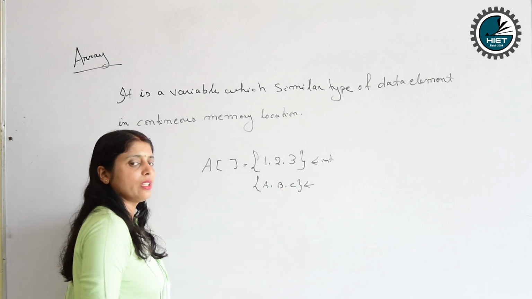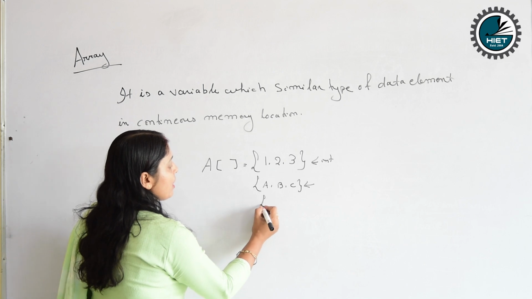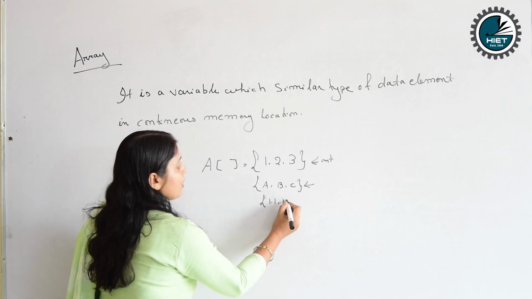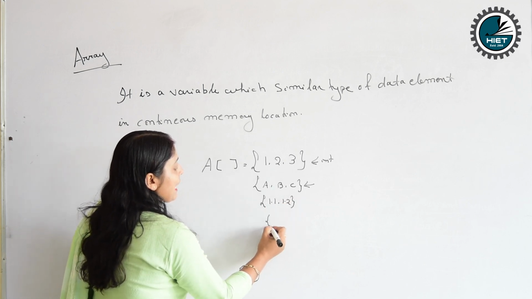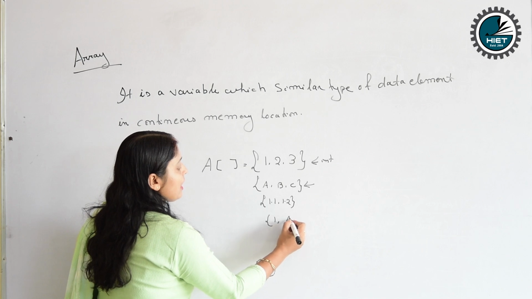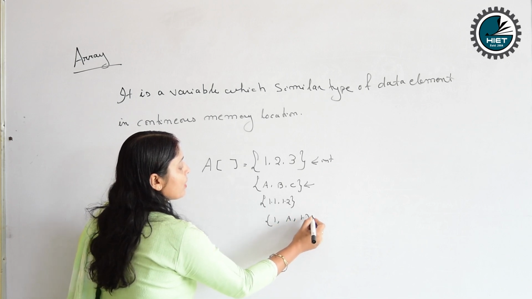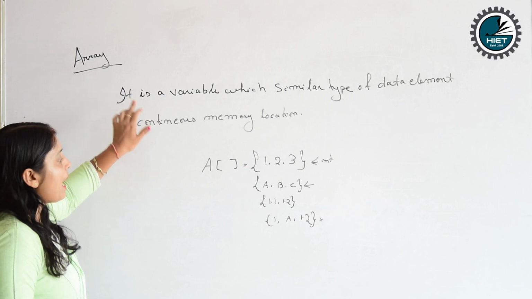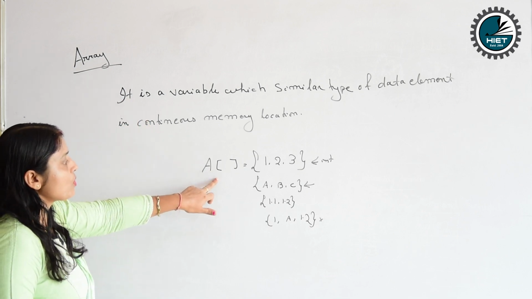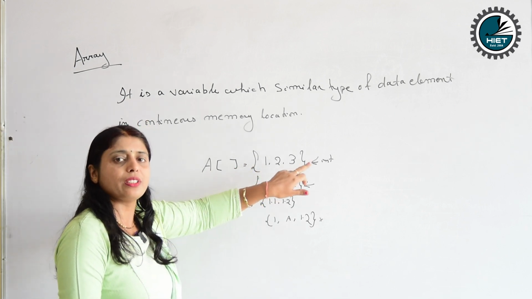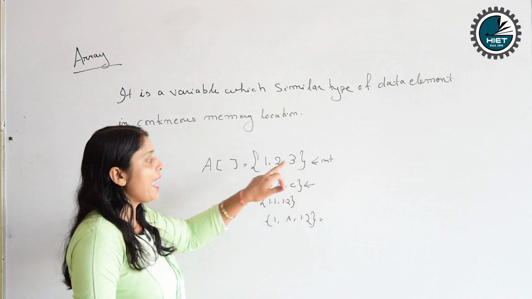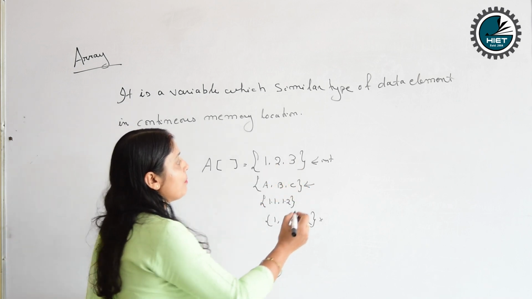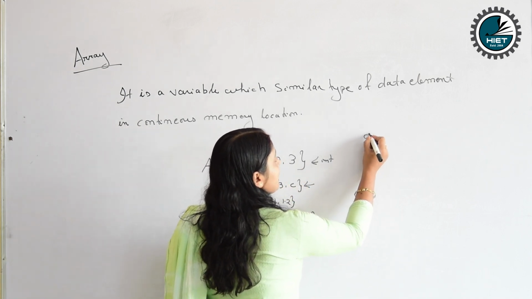If we want to store float, then it should be float type. We can't store integer, character or float together. This is wrong. According to my definition, array is a variable which stores the similar type of data elements.